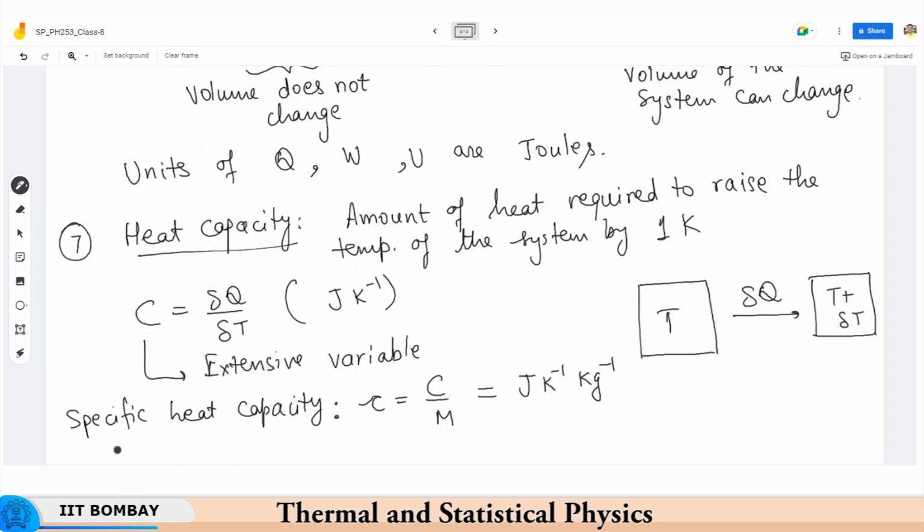Or you can also define what's known as molar heat capacity, which you can denote by Cm or something, it doesn't matter, and that is basically C divided by n, the number of moles you have in the system, and this will have units of joule per Kelvin per mole. But the important thing is that both specific heat capacity and molar heat capacity are now intensive variables.